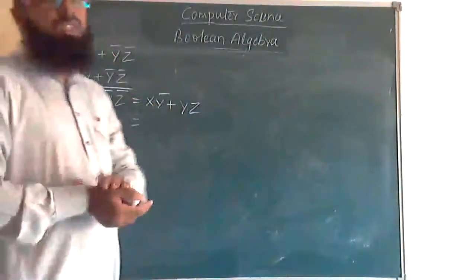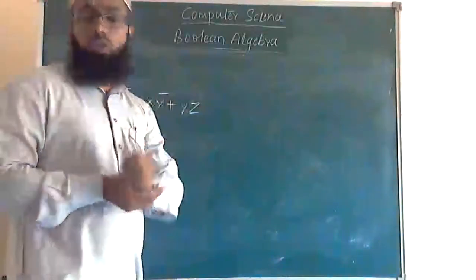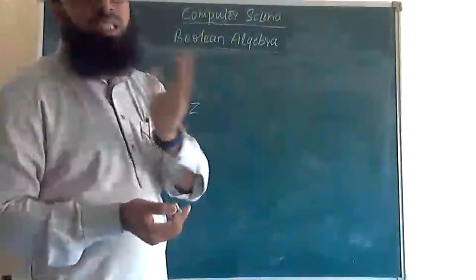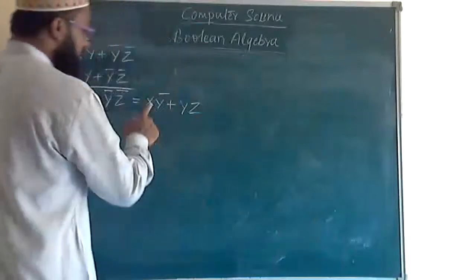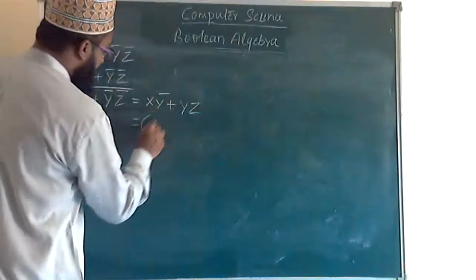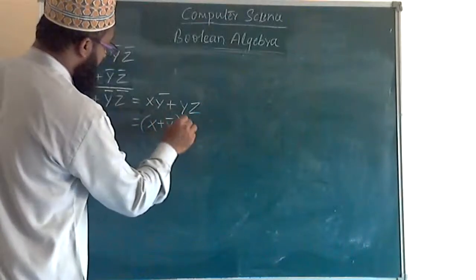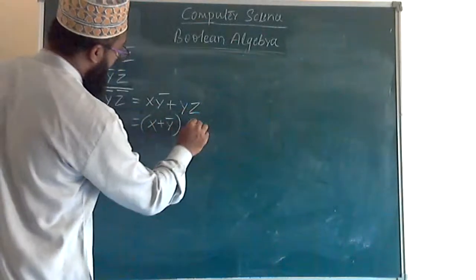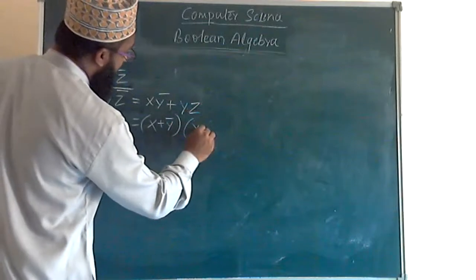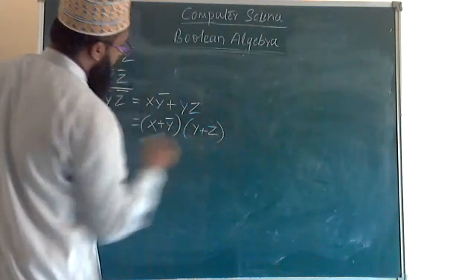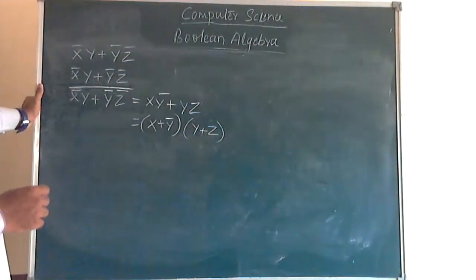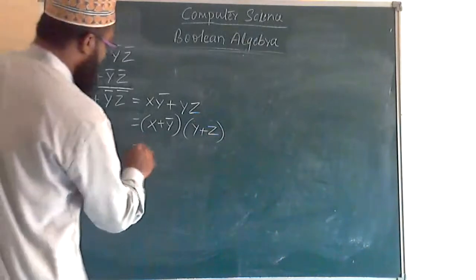The second step is change each or sign to and sign, and each and sign to or sign. Here an and sign is there, I will change this to or sign. Here an or sign is there, I will change it to and sign. This is like this.